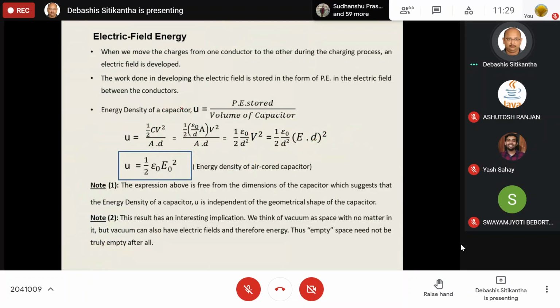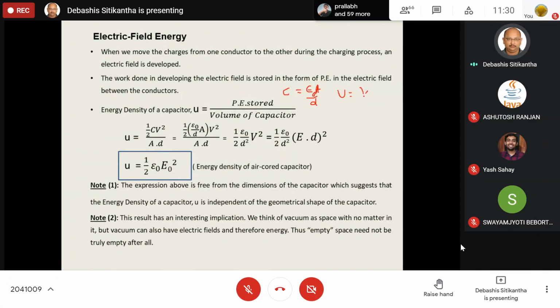Just have a look. I am using a capacitor which has vacuum as the dielectric medium. It is a parallel plate capacitor. For that, your C is given by how much? Epsilon 0 A by d. Right? Now, the potential energy stored inside a capacitor, let us say capital U is the potential energy stored inside the capacitor.